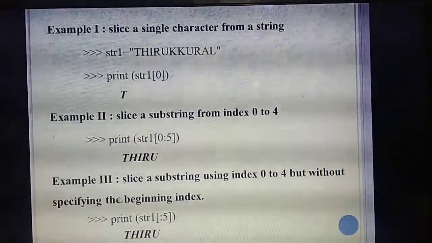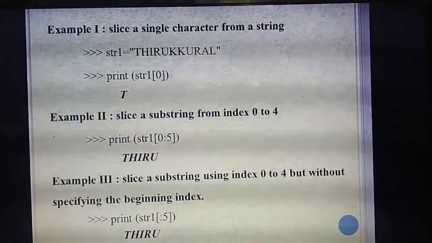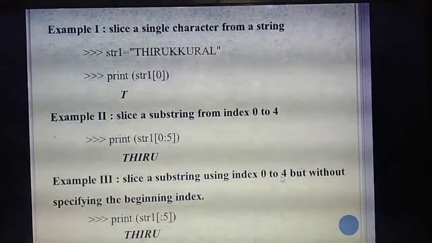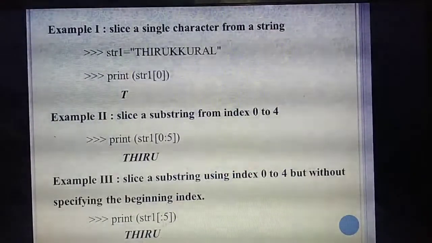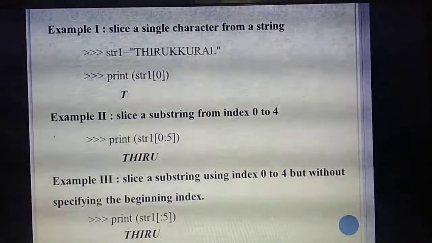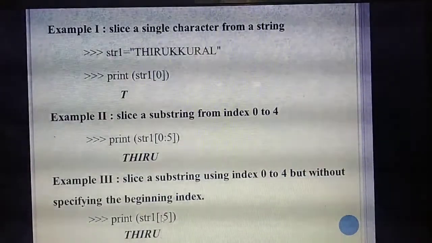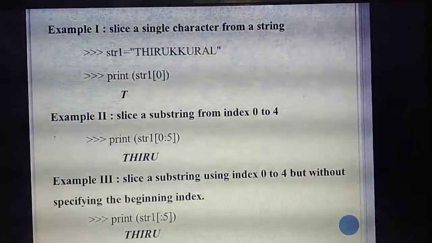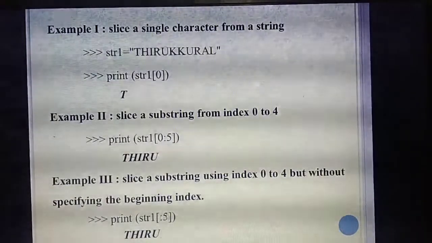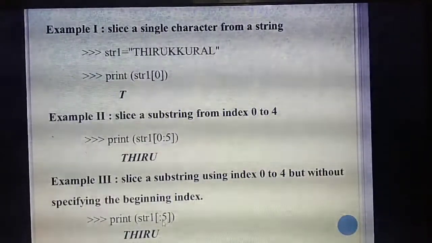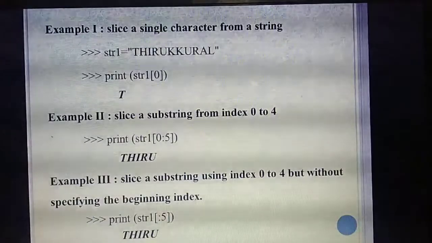Listen, till which index value do they need to slice? To 4. So you need to give the last value as 5, but you are not going to specify the beginning index. See this example, print str1. The beginning index you are not specifying, but the end value you are specifying as 5.